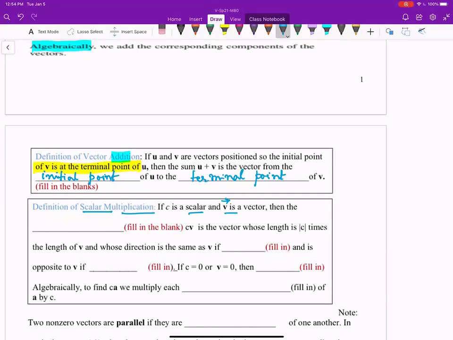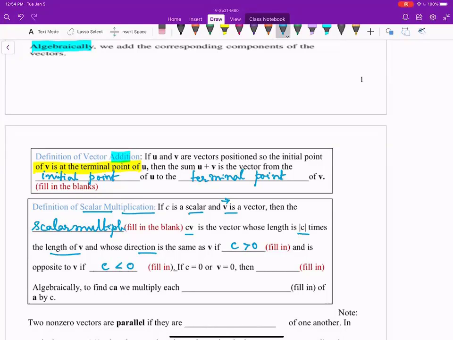Then the scalar multiple CV is a vector whose length is absolute C times the length of V and whose direction is the same as V if C is positive, and it is opposite to V if C is negative.